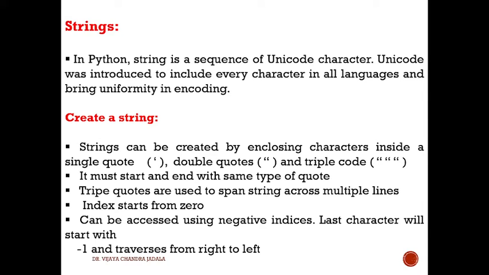Triple quotes are used to span a string across multiple lines. Index starts from 0, and characters can be accessed using negative indexes. The last character is -1, and it traverses from right to left. So strings are mainly created by enclosing in single, double or triple quotes.